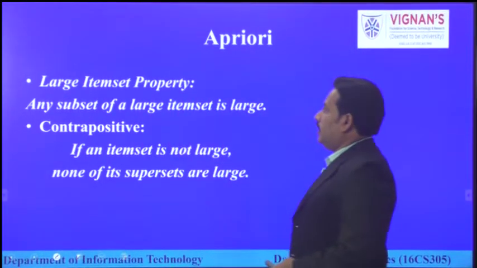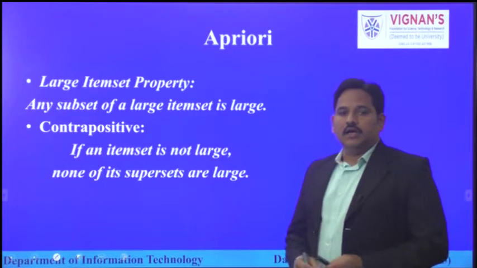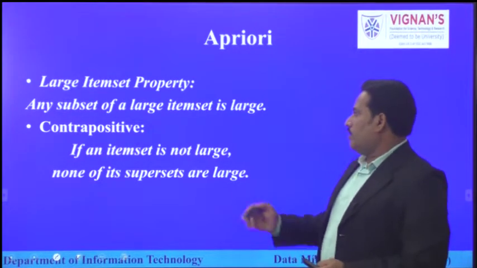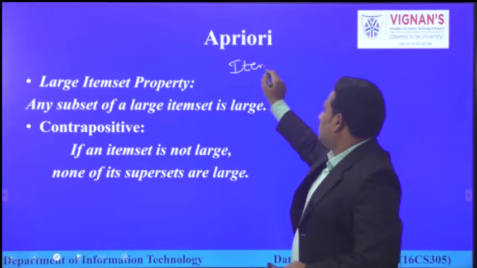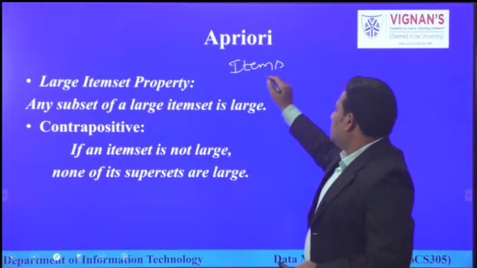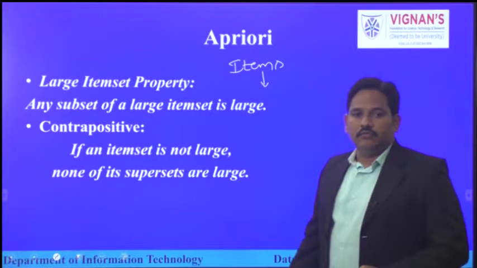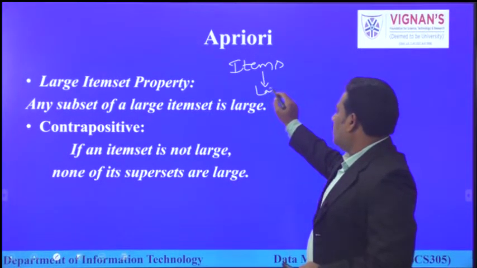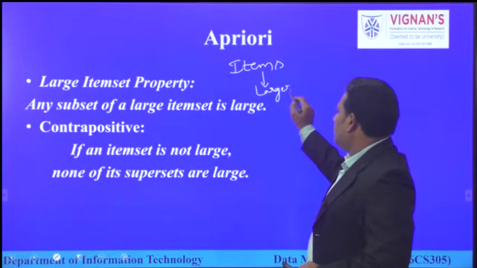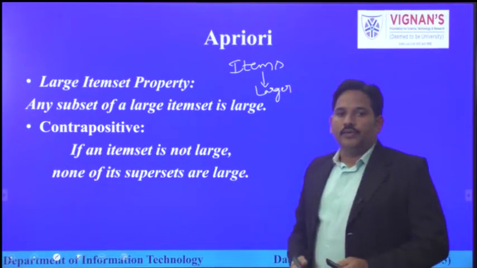In this Apriori algorithm, when we have large item sets, when we have more items in our transaction history, and these items participate in forming item sets at a larger scale, then we can go for the Apriori algorithm.